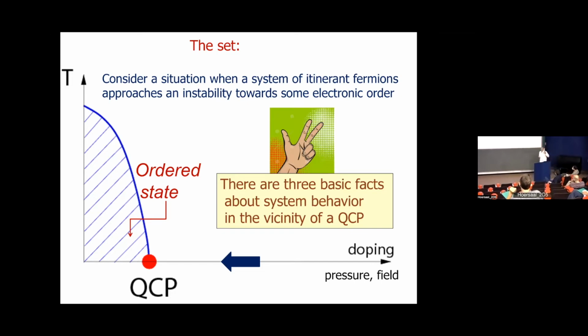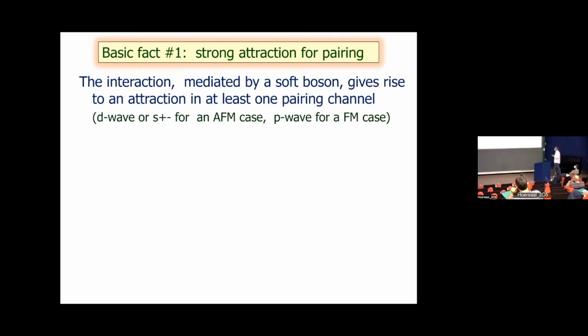And there are three basic facts known pretty well about what happens when you try to approach this red dot. One is obviously that the system always finds an attractive pairing channel. This is not guaranteed. There is no theorem that the system will always find an attractive pairing channel.